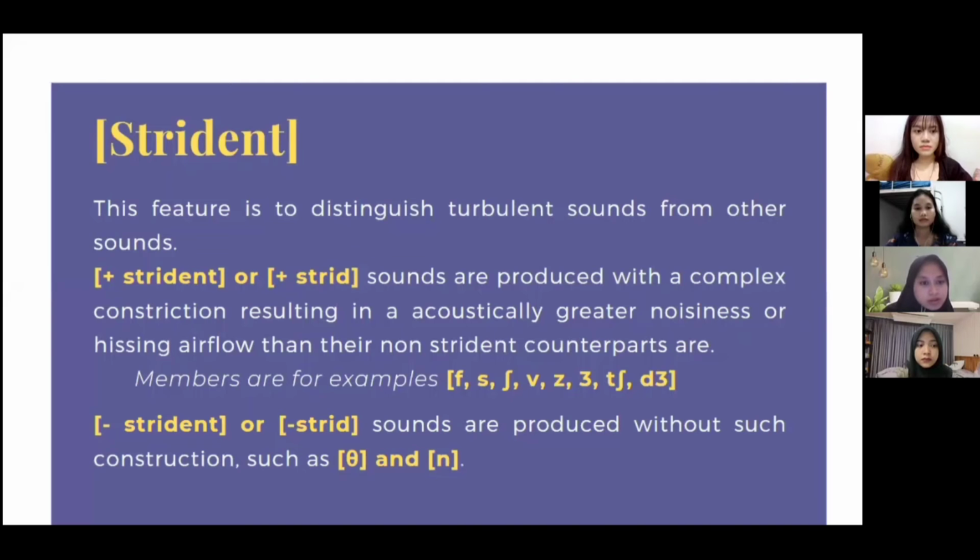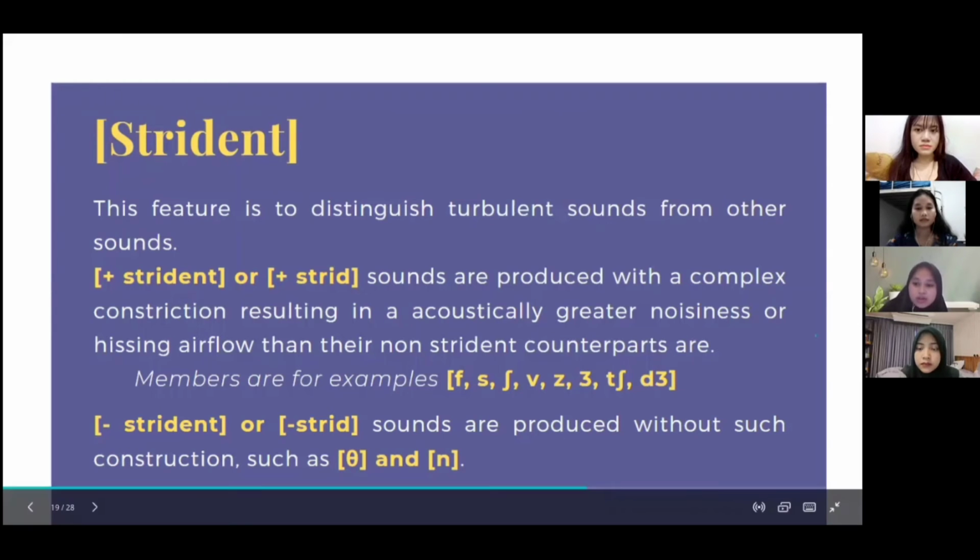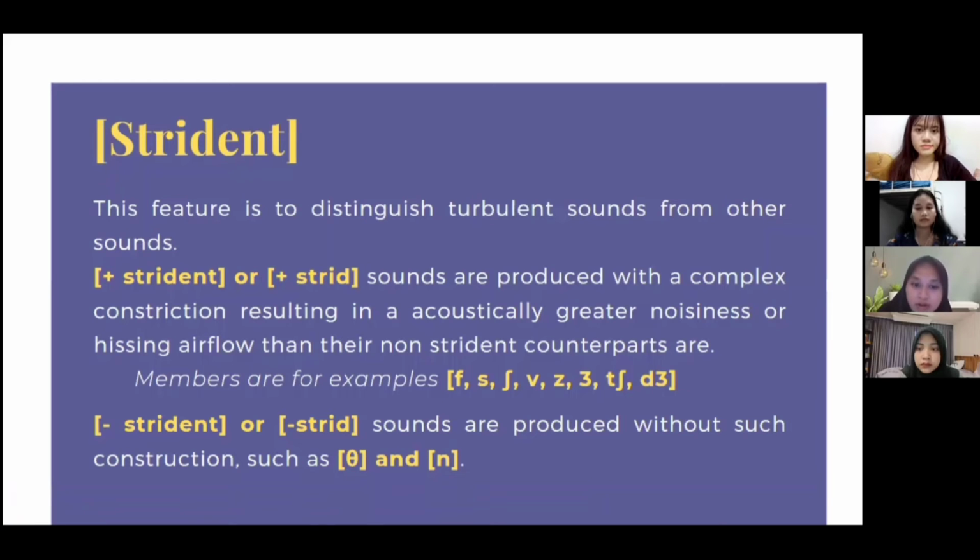Next, and then is strident. This feature is to distinguish turbulent sounds from other sounds. Plus strident or plus strid sounds are produced with a complex constriction resulting in acoustically greater noisiness or hissing airflow than their non-strident counterparts.